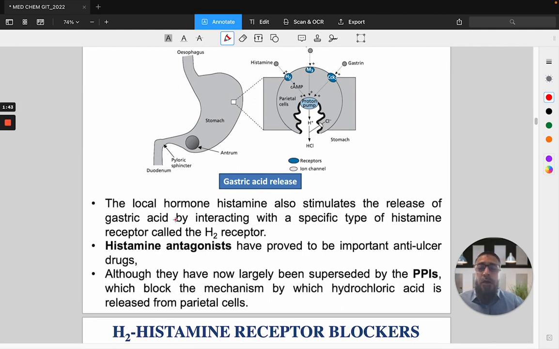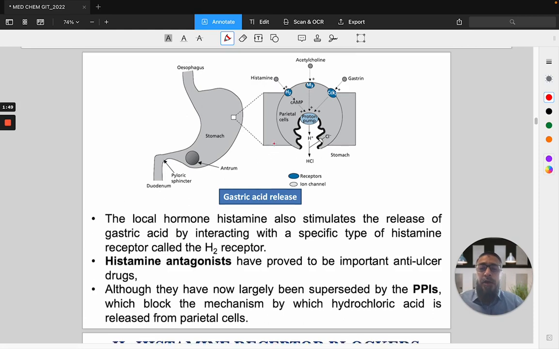So the local hormone histamine generally stimulates the release of the gastric acid by interacting with a specific type of the histamine receptor, which is called the H2 receptor.